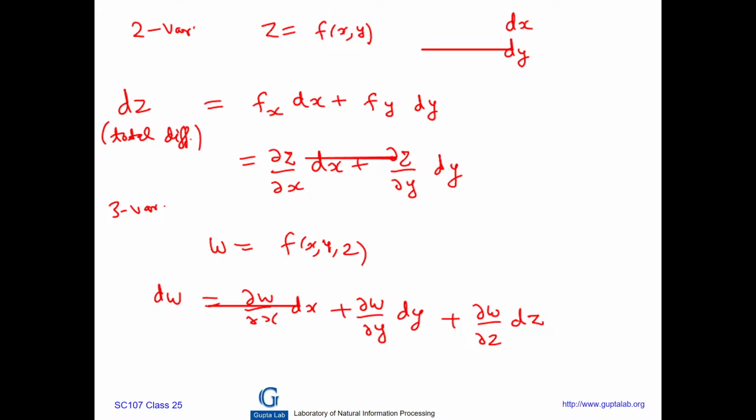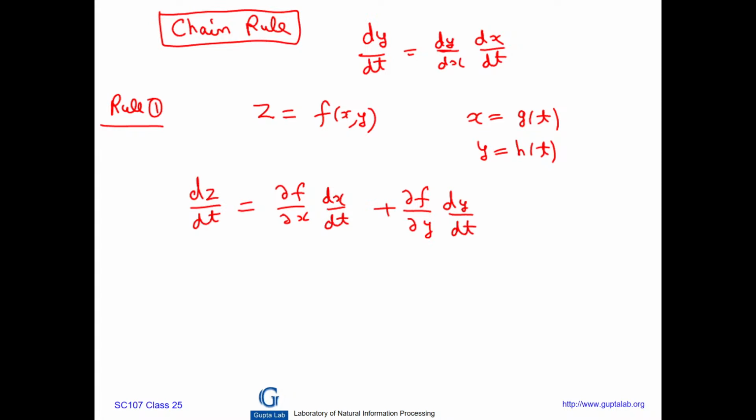Because dx will cancel out, right? This notation del x is used because of partial differentiation, otherwise it's the same thing as dx, right? So this dx will cancel out, you will get the change in z, right? Okay, so this is the total differential. Exactly, you can generalize the definition from single variable to two variable. Similarly, for three variables.